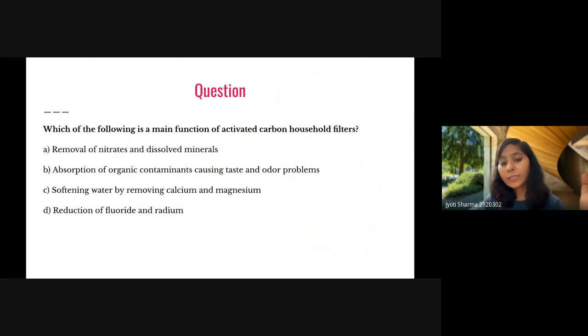Okay, along with RO, people are also using activated carbon in household filters. So, what is the main function of activated carbon household filters? We have four options here: removal of nitrates and dissolved minerals, absorption of organic contaminants causing taste and odor problems, softening water by removing calcium and magnesium, reduction of fluoride and radium.